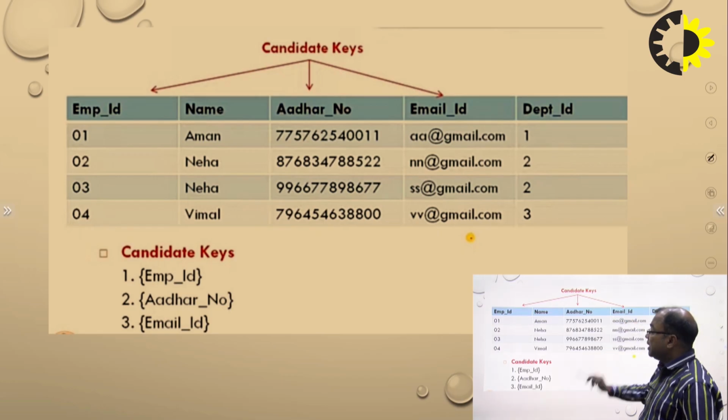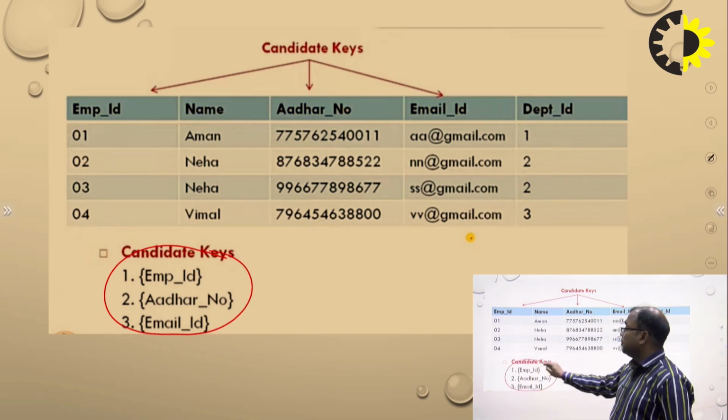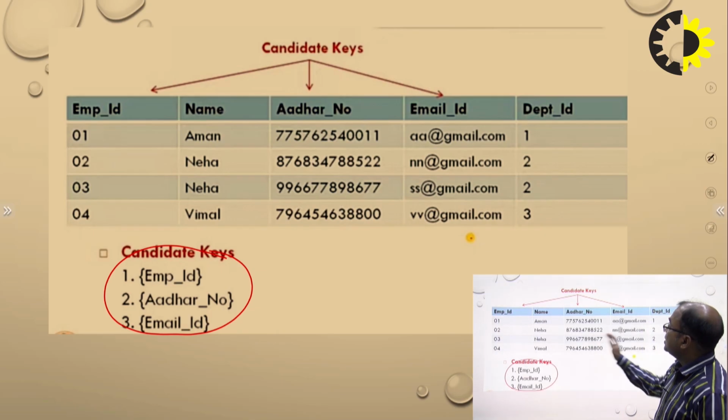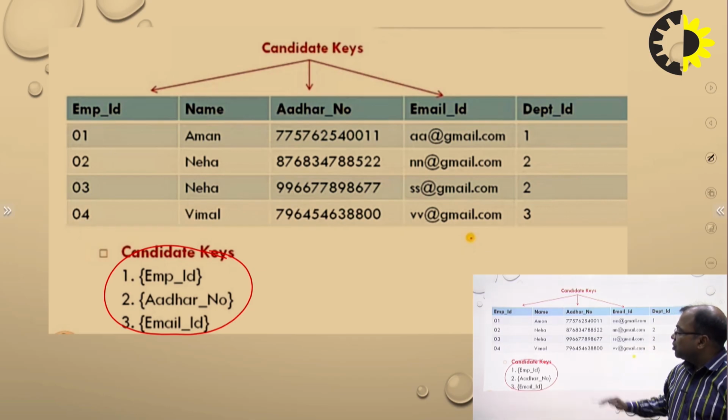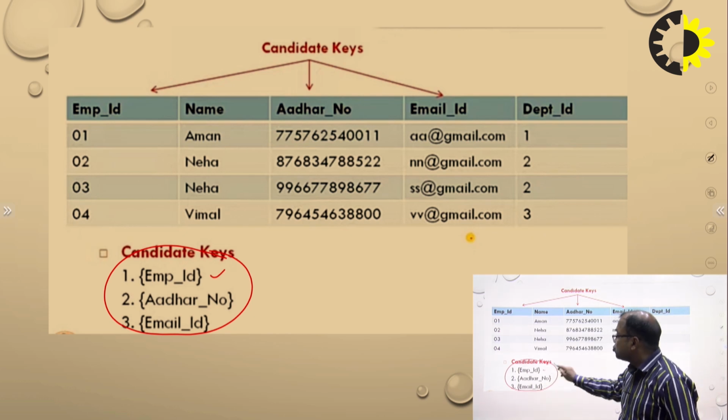These are the minimal super keys from the combinations of super keys. So all these three minimal super keys are known as candidate keys. So here employee ID, Aadhaar number and email ID are candidate keys of this table. Why is it a candidate key? Because it is a minimal super key.